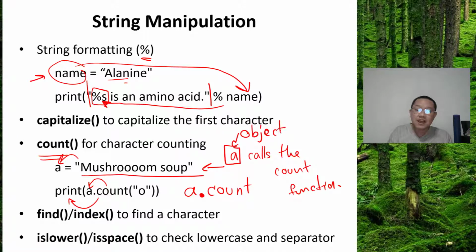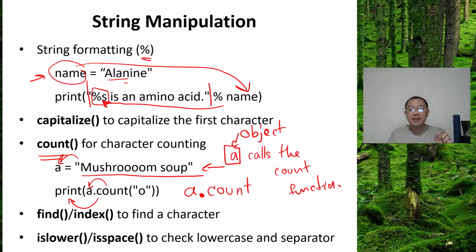The object A is a string object. It has the ability to call or to use several functions applicable to the string data type or the string object. But don't worry at this stage. You will learn it later on. Okay? But just to introduce some new syntax, so you will be more familiar when you see it later on in this subject.